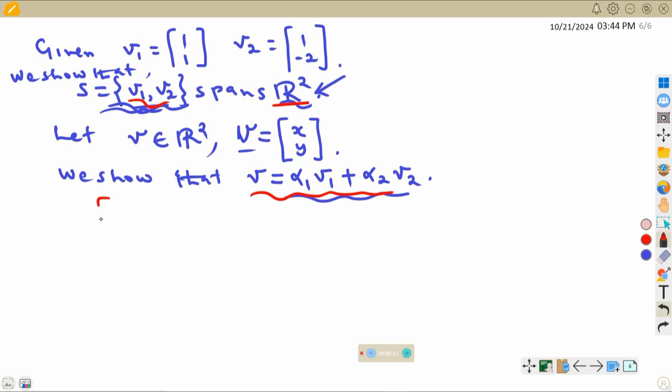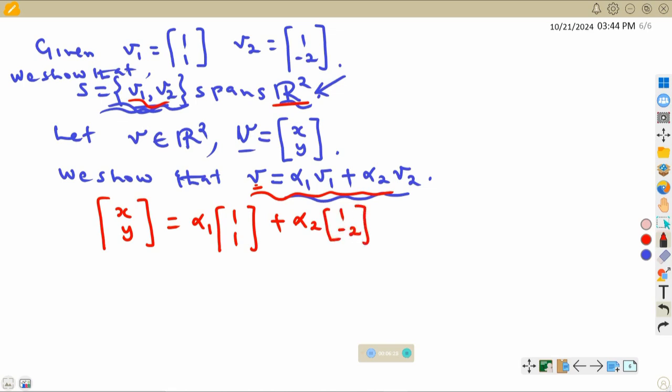So let us start. We have xy equaling, this is V, because vectors in R2 are very many, but they are of the form xy. So that's why we have picked a general vector xy. So this is alpha 1 into V1, which is 1, 1, plus alpha 2 into V2, which is -1, -2.